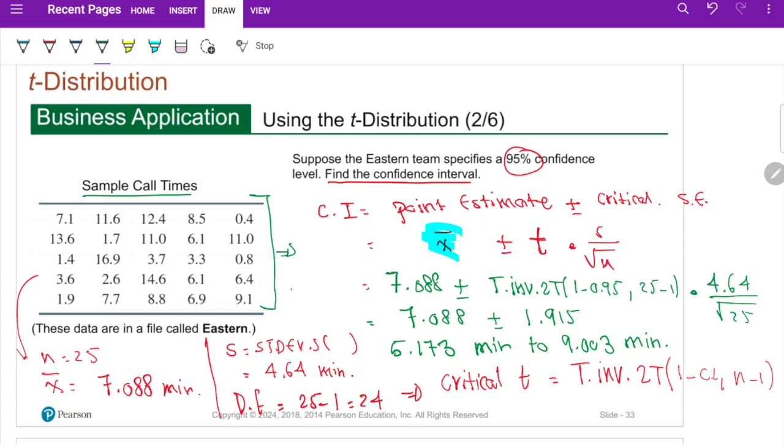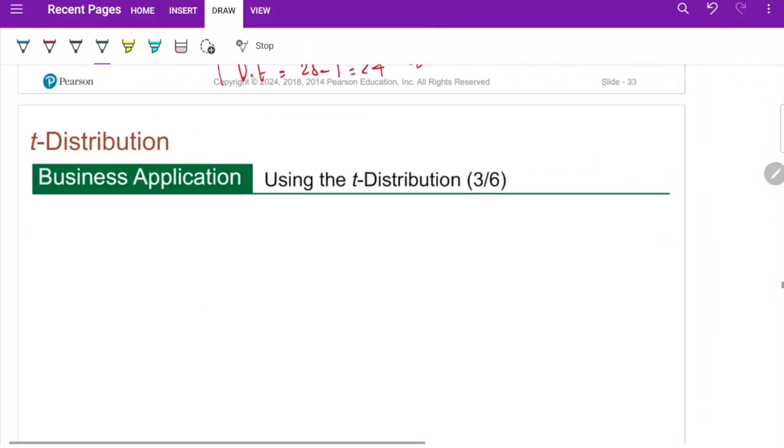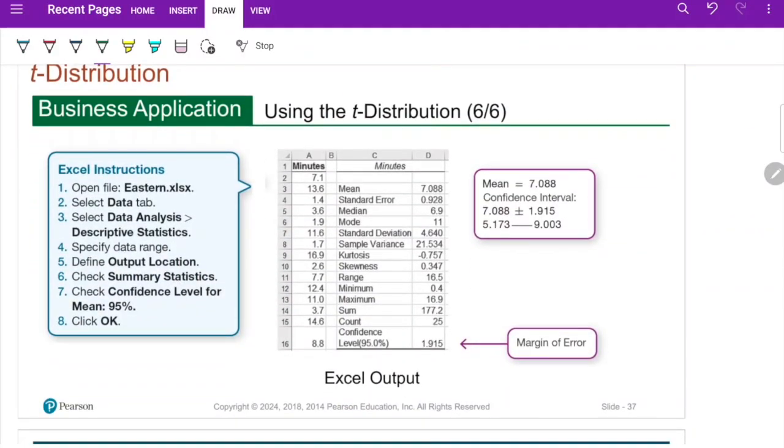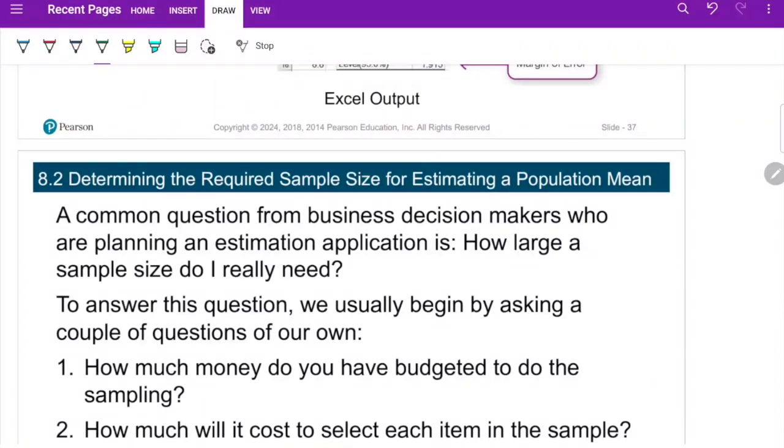So based on this random sample of 25 and a 95% confidence interval, the Eastern team has estimated the true average time per call to be between 5.17 minutes and 9.00 minutes. I have space here, I don't know why I didn't use it. But yes, so this is using the t distribution, given that the standard deviation of the population is not known. In the next section, I'm going to discuss the required sample size for estimating the population mean.